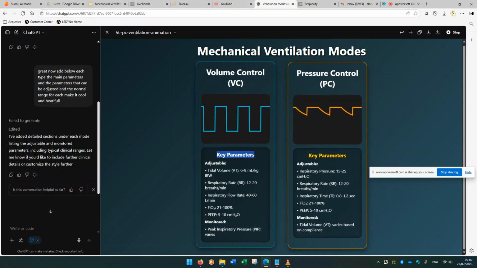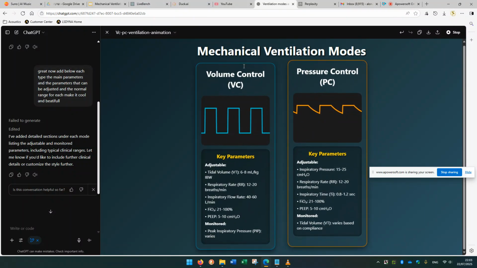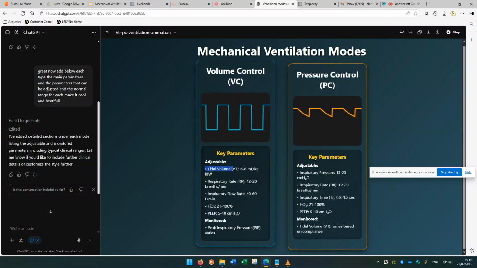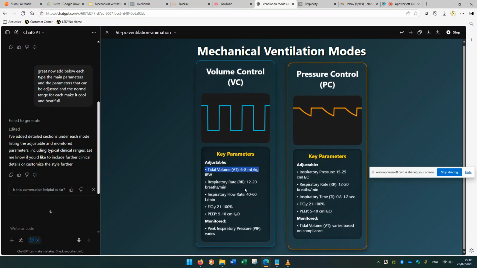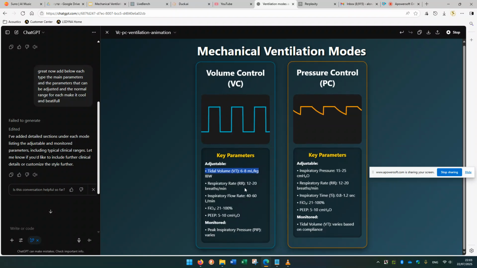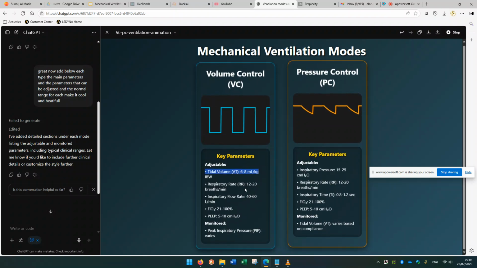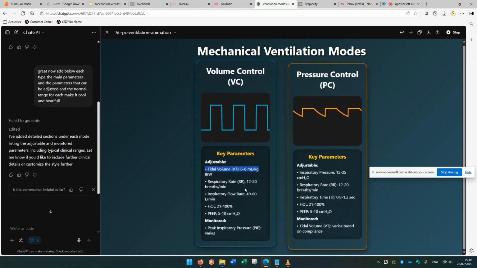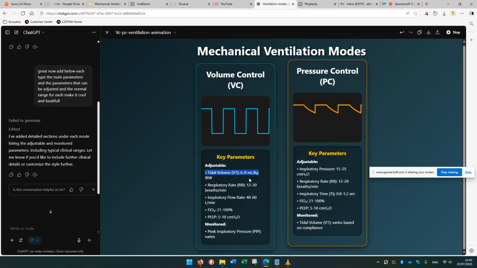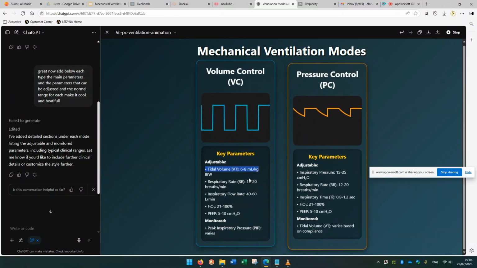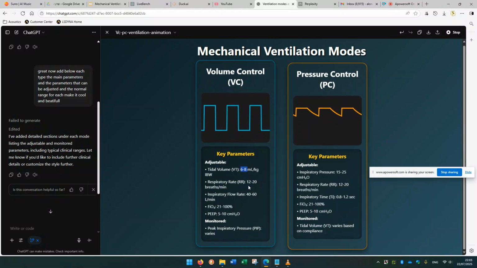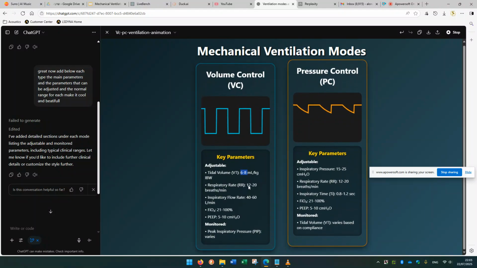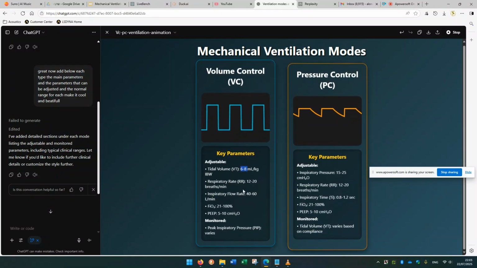You see that the key parameters that we can set in volume control ventilation are the tidal volume. Namely, I set the tidal volume for the patient, the volume that the machine will give to the patient on each breath, which is usually for an adult male around 500 to 600 milliliters. It can be 6 to 8 milliliters per kilogram of ideal body weight, not the weight of the patient, but ideal body weight.